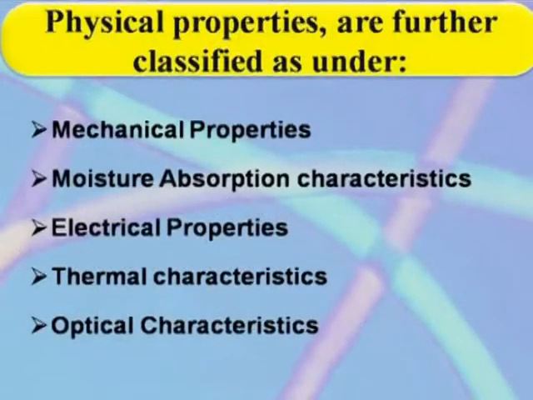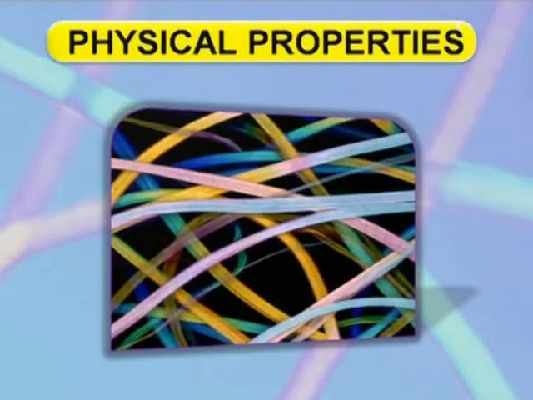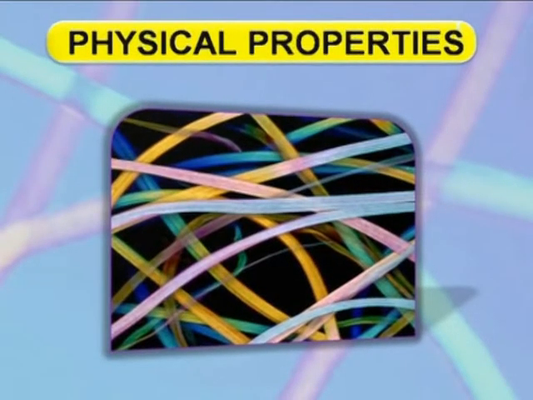Physical properties are further classified as mechanical properties, moisture absorption characteristics, electrical properties, thermal characteristics, and optical characteristics. Let us now take up the physical properties one by one.